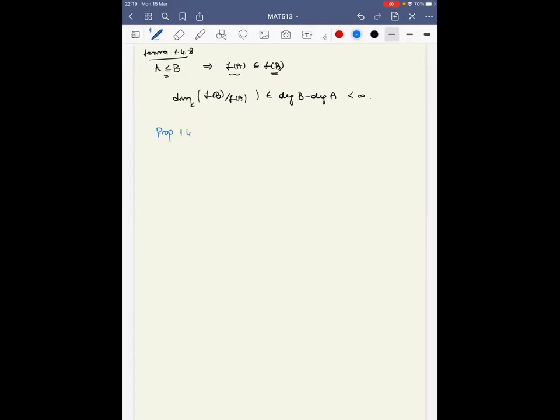Now, by using this lemma in proposition 1.4.9, we will prove that for indeed each divisor A, its associated A space is a finite dimensional vector space.